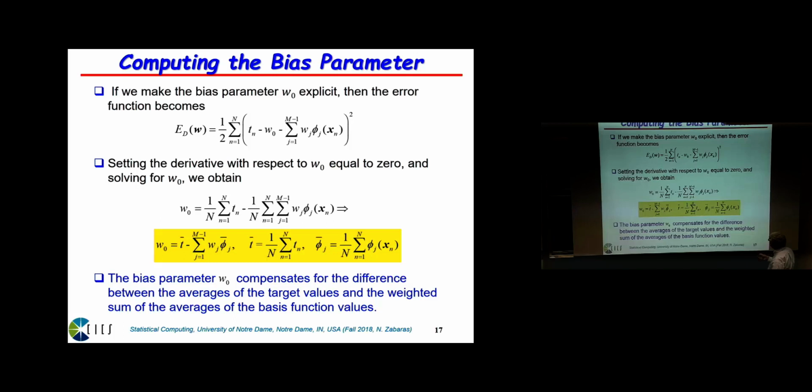I am not going to do the derivation, but it's here: an exact result you can show by taking derivatives with respect to W0 and setting them equal to 0. Look at this equation and tell me what is the physical meaning of W0 based on this calculation. So T bar is what?